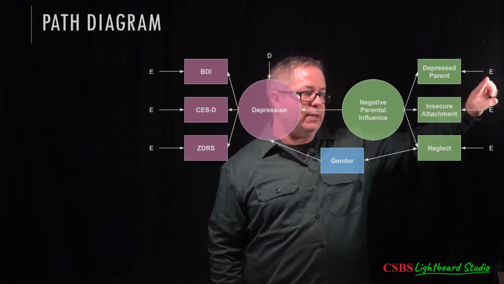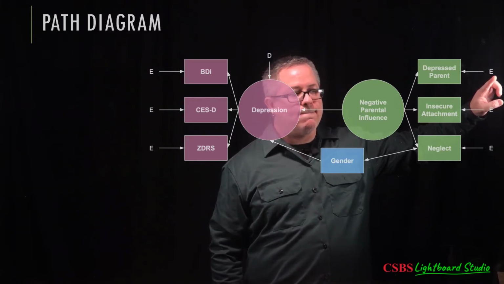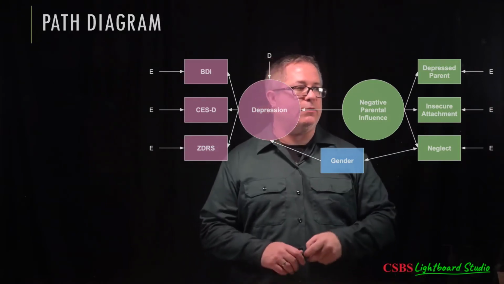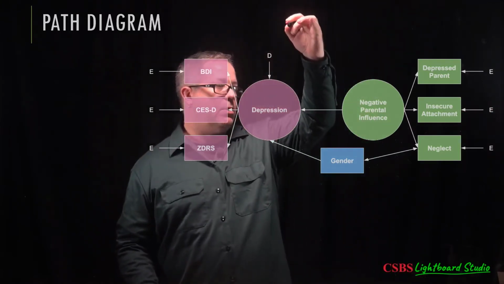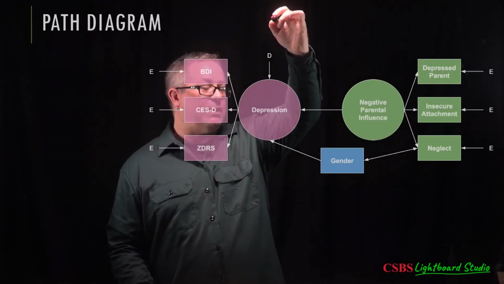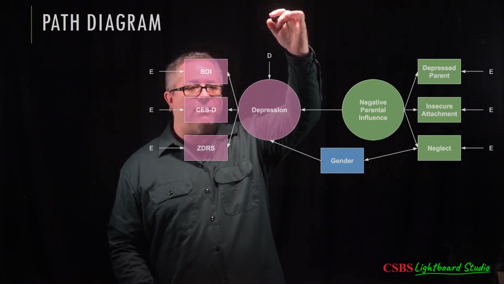How is this error created? Like if I was to draw this out as a regression equation, I would say, what's the outcome? What's the Y in this? So again, let's go back to endogenous and exogenous and IVs and DVs. If something has an arrow pointing to it, what kind of variable is that?